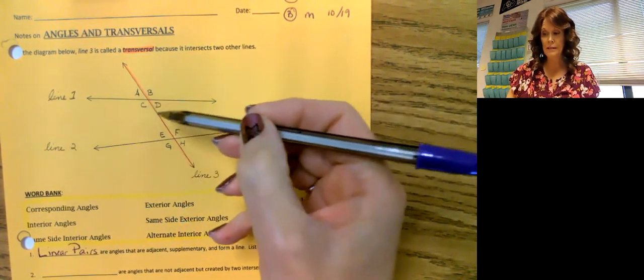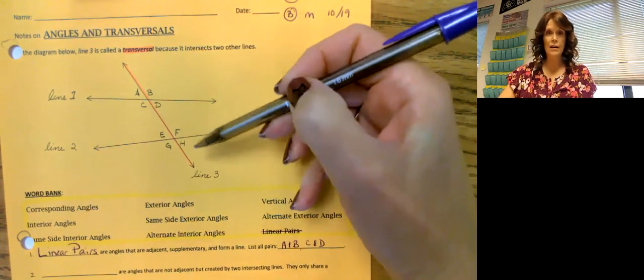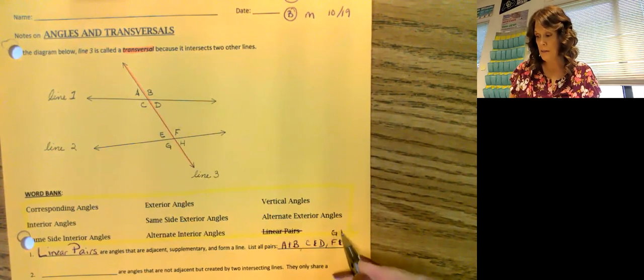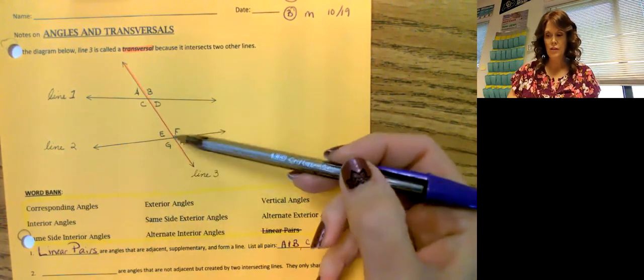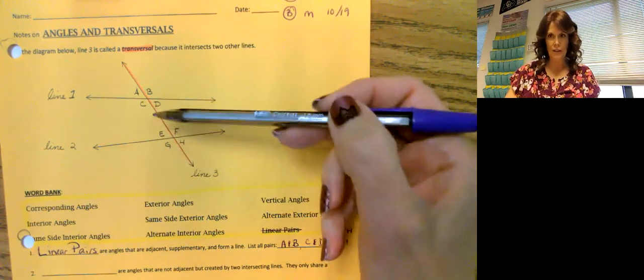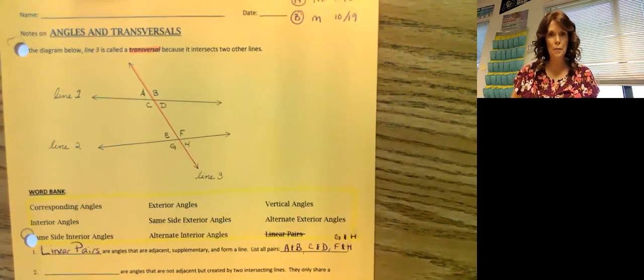A and B, C and D. If we go down here, F and H, and G and H. So long as they are side by side, right next to each other, and they form a straight line. So F and G, that does not work, right? G and C, no, that does not work. They need to be right next to each other, sharing this ray, okay?